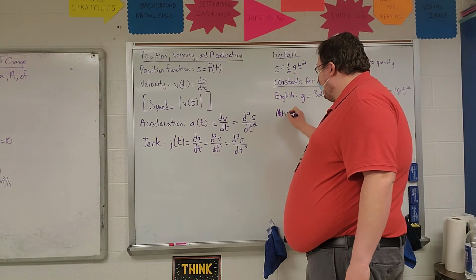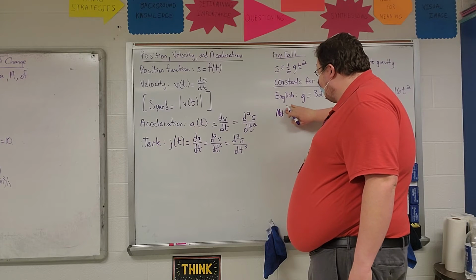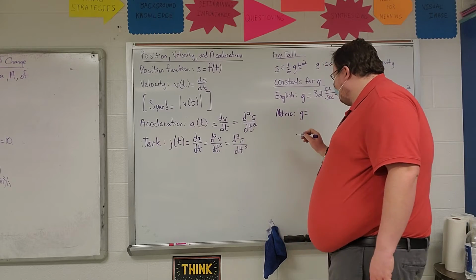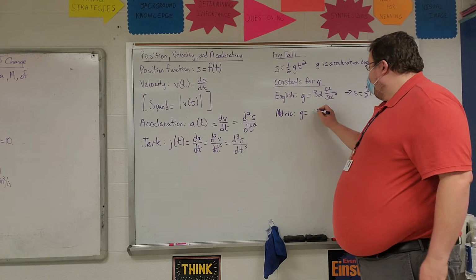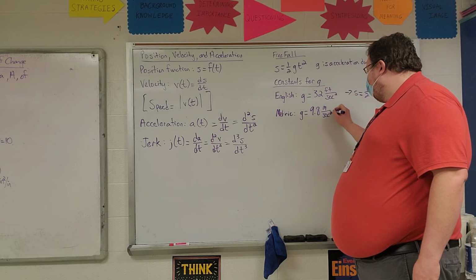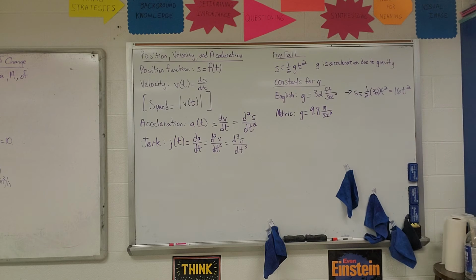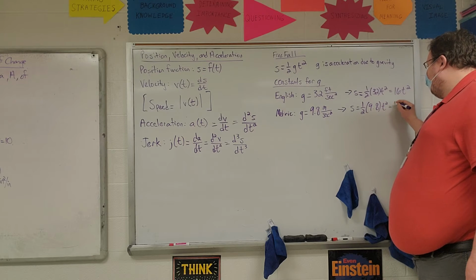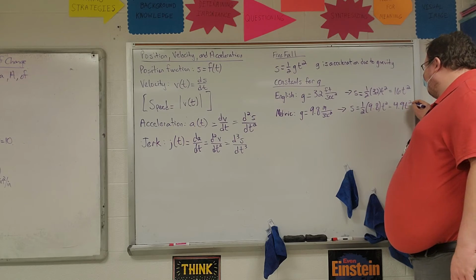The metric system uses a slightly different constant. Gravity in that system of measurement is equal to 9.8 meters per second squared. So when you plug that into your free fall equation, S is going to equal 1/2 times 9.8 t squared, or 4.9 t squared.